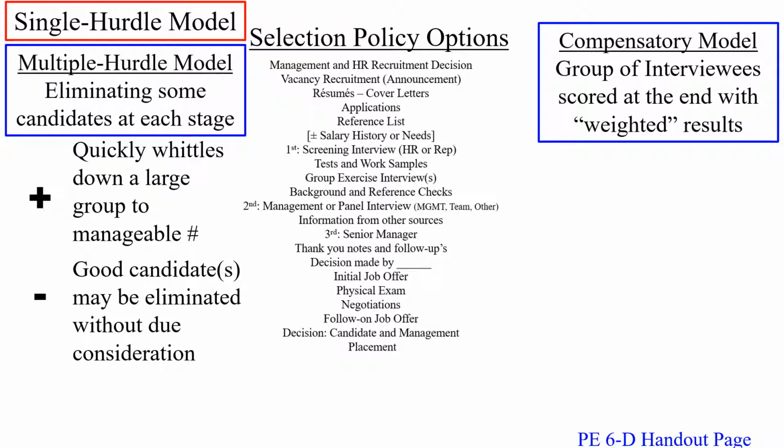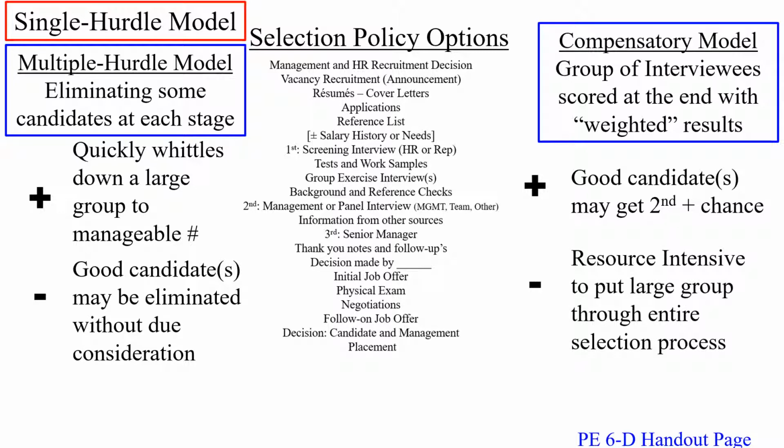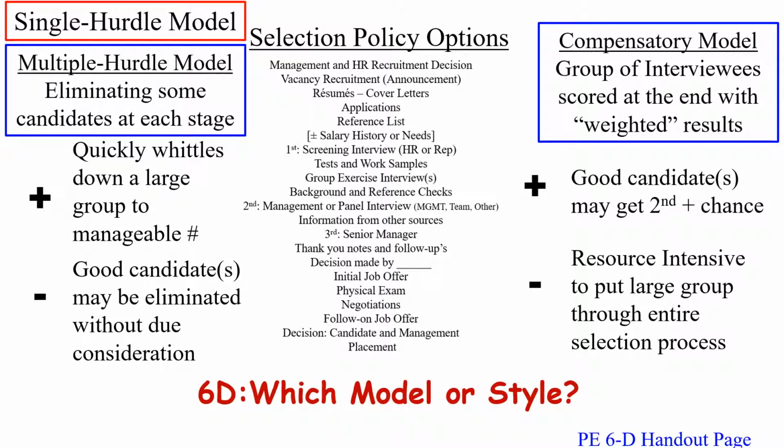Whereas on the right with the compensatory model, the advantage is good candidates may get a second chance. The disadvantage, though, is that it's resource intensive because you're going to put a larger group through the entire selection process. So hiring managers, which model makes sense for you in your organization with your focus job?